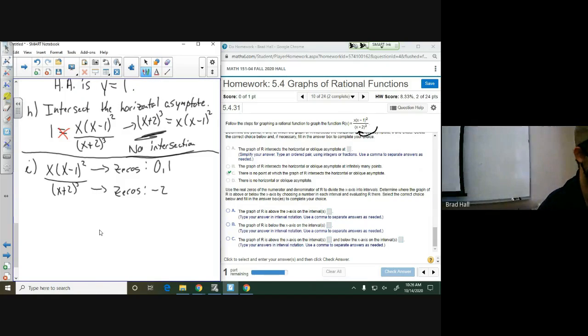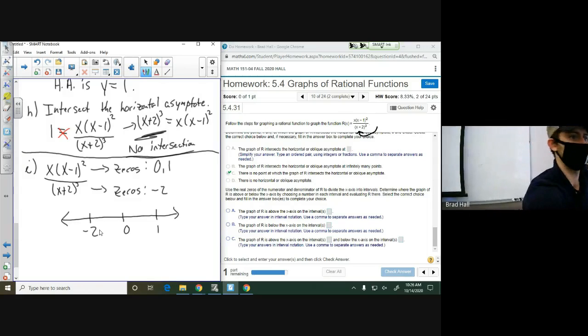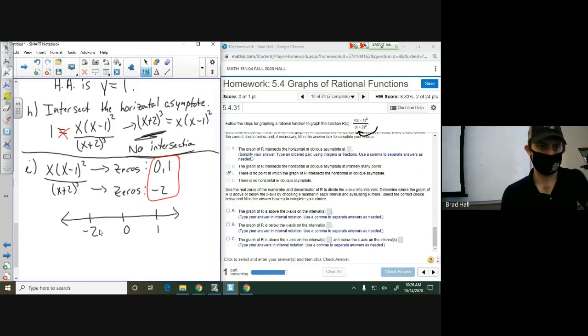Then it wants us to construct a number line where we plot all of these. I'm going to plot them in order, so -2 is the smallest, then 0, then 1.